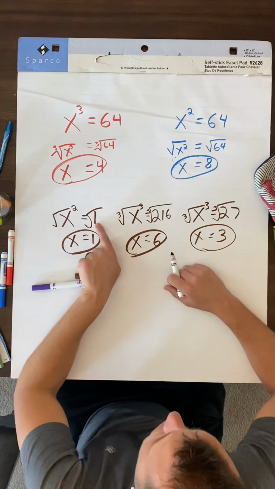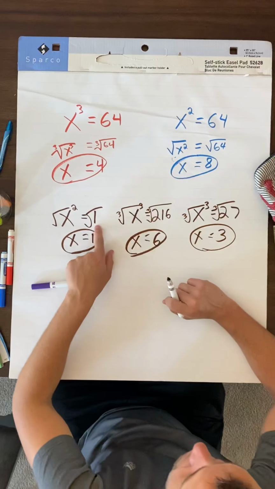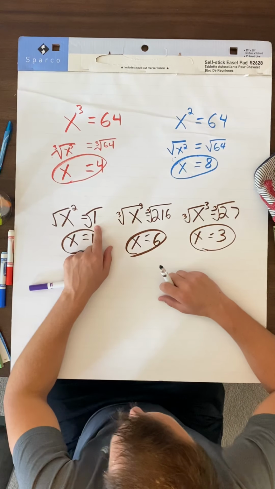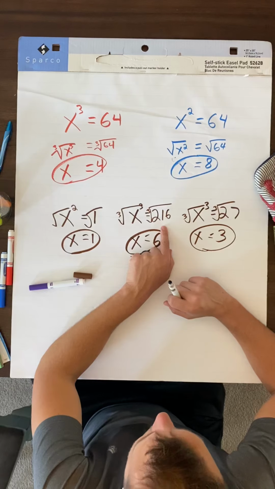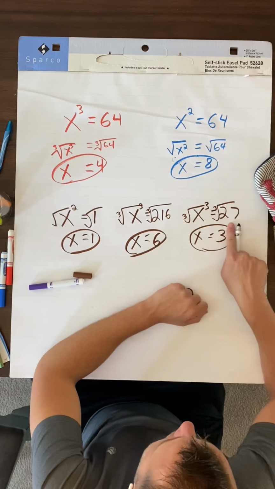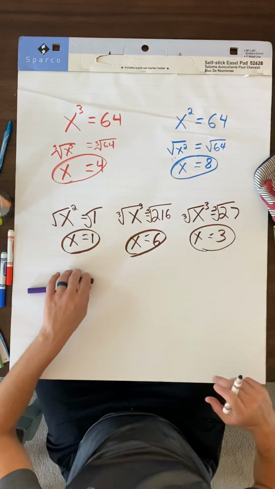So if you look at these, is 1 a perfect square? Is 216 a perfect cube? And is 27 a perfect cube?